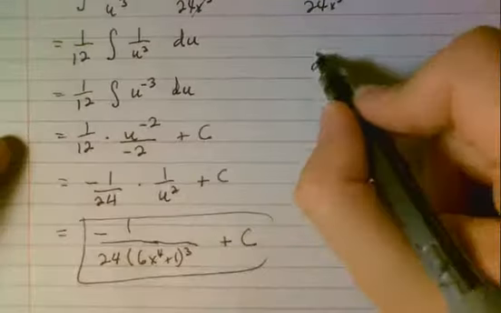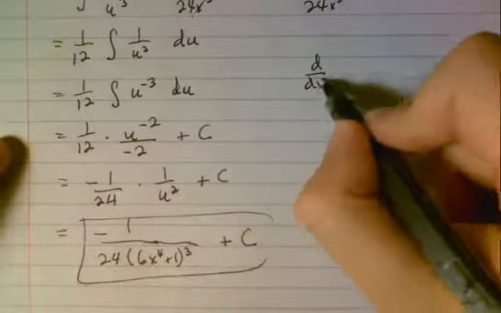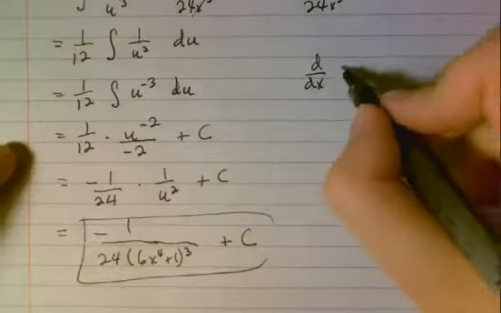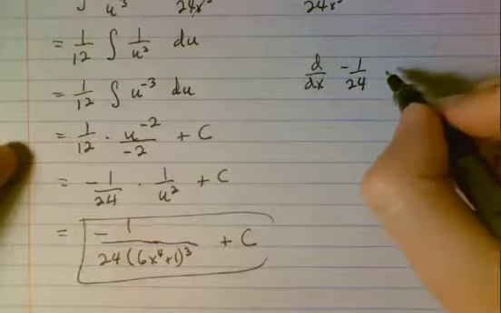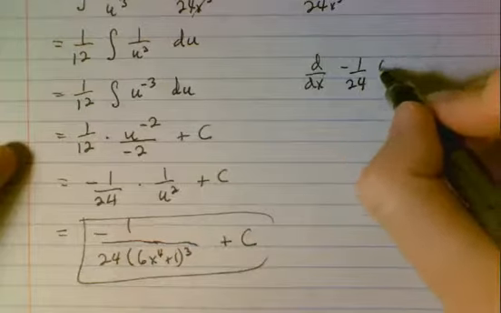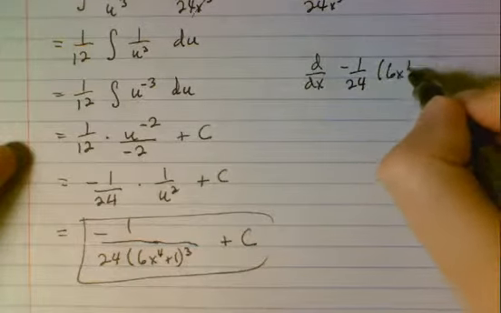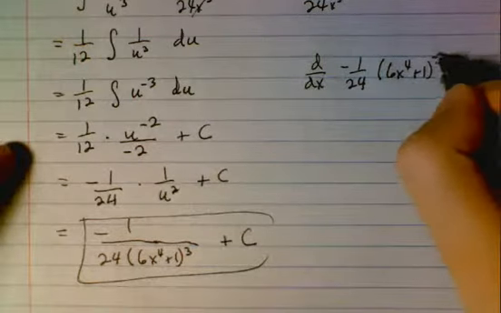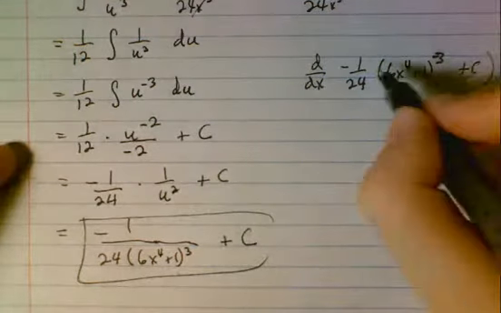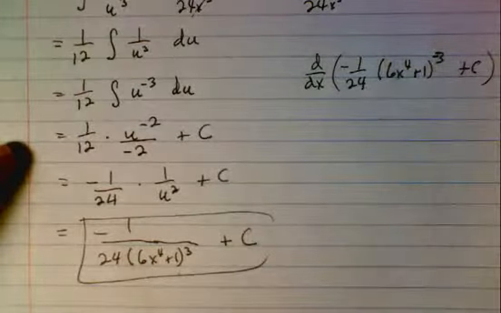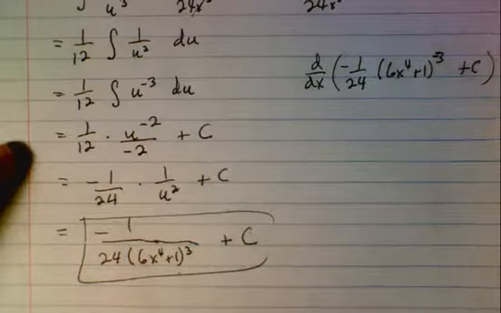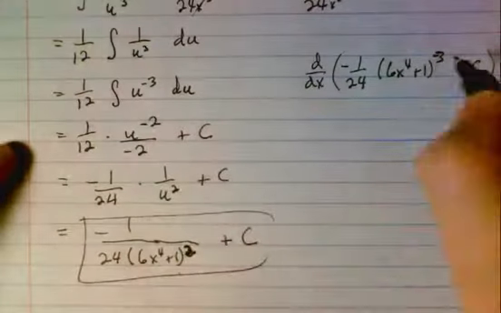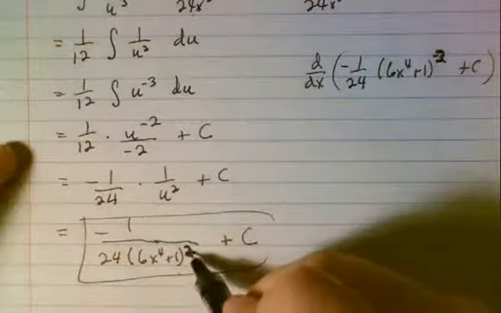I've just done some very complicated stuff, so let's make sure to take the derivative to check that. So this is negative 1/24. All this is 6x to the 4th plus 1 cubed plus, excuse me, that's the negative 3 now because that was formerly in the denominator. Oops, excuse me, this should be squared because I've got that 2 right there, so it should be negative 2.